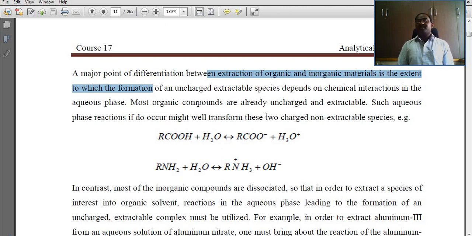Most organic compounds are already uncharged and extractable. Such aqueous phase reactions, if they do occur, might well transform these to charged non-extractable species.